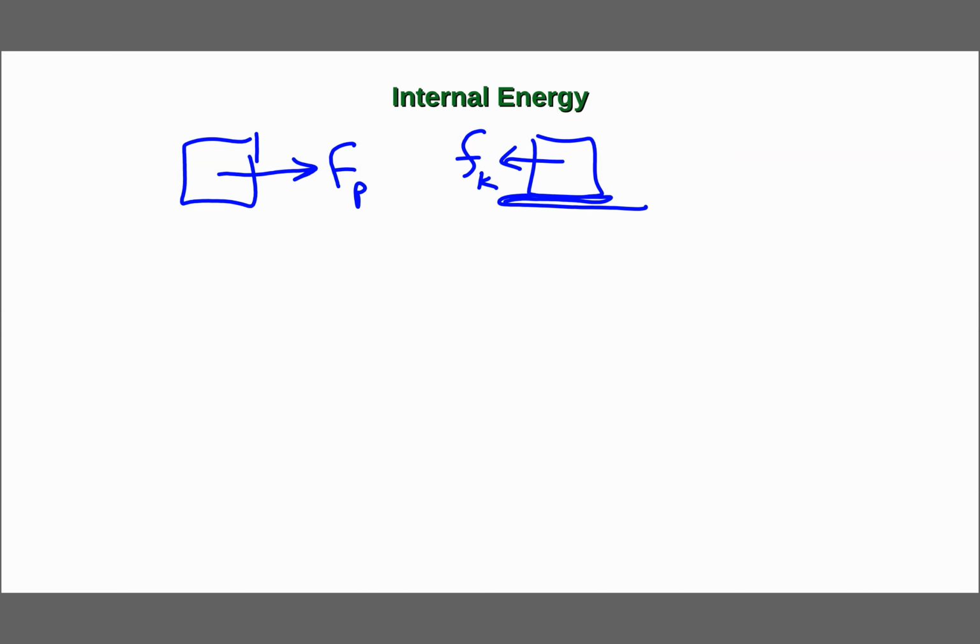The force of friction takes a mechanical process, these two surfaces sliding past each other, and converts that energy into heat. Chemical energy and heat are two forms of internal energy. And internal energy is just what it sounds like it is. It's energy that's internal to an object. The hallmark of internal energy is that it's not reversible.